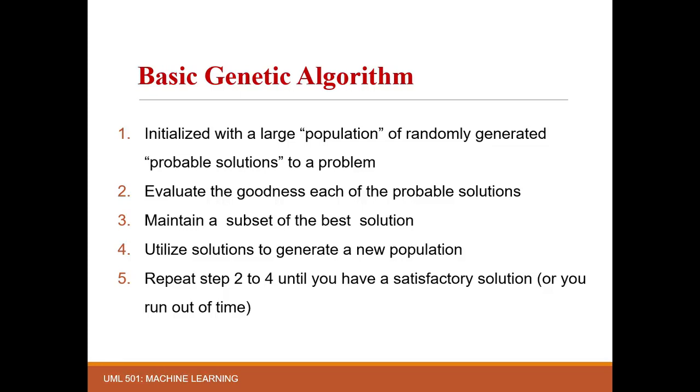Then maintain a subset of best solutions, those having the best goodness value in that population, and they are selected, or mated, to produce the next generation and contribute to the new population. Then repeat steps 2 and 4 until you get a satisfactory solution to your problem, or you run out of time.